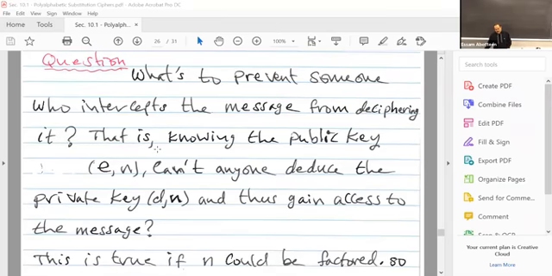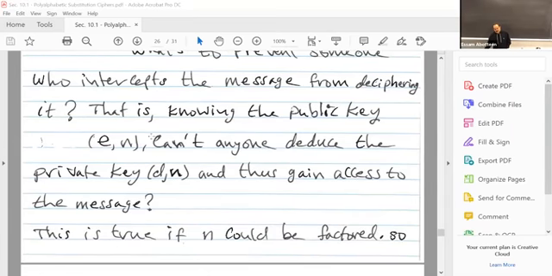So if you think about it, this means that the security of RSA depends on the inability to have an algorithm that can factor large integers. And in fact, there is no known algorithm that in general can factor large integers, let's say with 400 digits, in a reasonable amount of time.